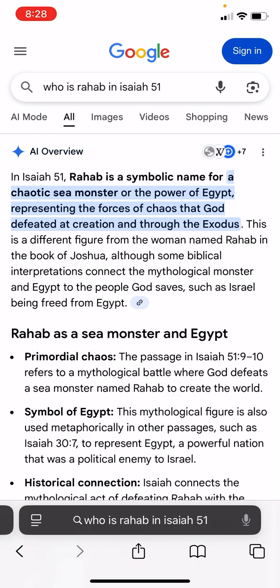And then it says, representing the forces of chaos that God defeated at creation and through the Exodus. He defeated the pagan power. He defeated the dragon because that's what the Egyptians were worshiping. That's all they were worshiping was the dragon, the so-called great mother, right?